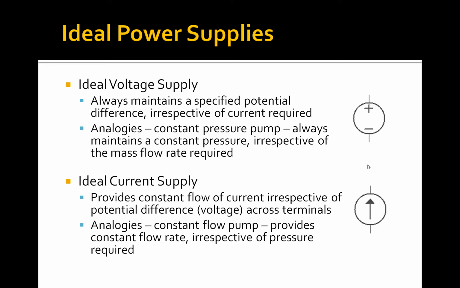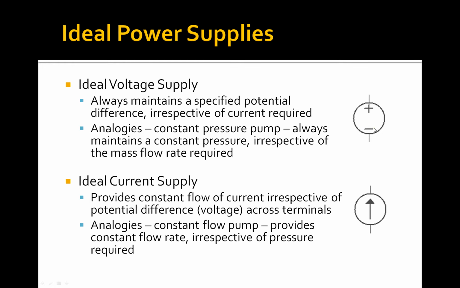An ideal voltage supply is represented by this schematic symbol right here, and it's going to maintain a specified potential difference across its terminals irrespective of how much current is required to do that. So this has a fixed potential difference across the terminals, where the plus sign indicates the accumulation of more positive charges relative to the lower side, the negative sign side of the voltage supply.